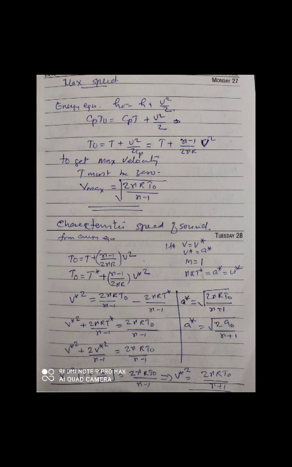Finally the expression will be V star square is equal to 2 gamma R T0 by (gamma plus 1). This is equal to A star square, so the characteristic speed of sound A star is equal to root of 2 gamma R T0 by (gamma plus 1).